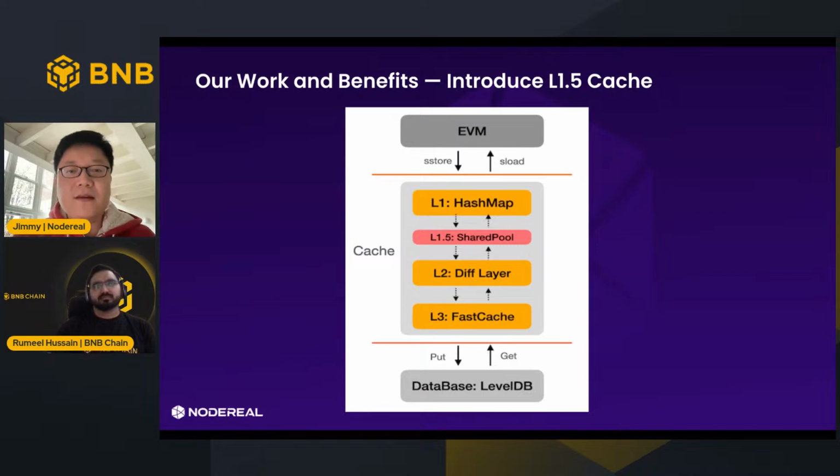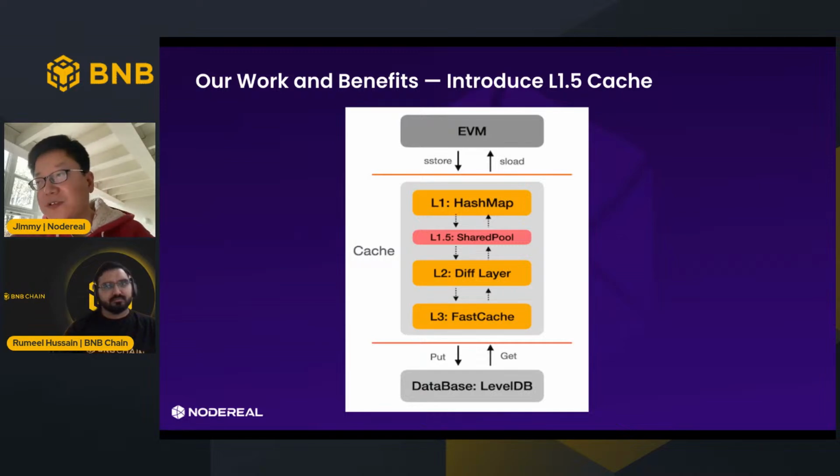So the data is gathered from the disk and saved into layer 1.5 to increase the cache hit rate from around 70% to 99%. This way, the prefetched items can be loaded directly from the 1.5 layer cache instead of reaching to the diff layer and fast cache.